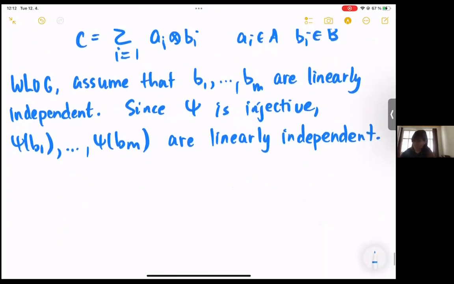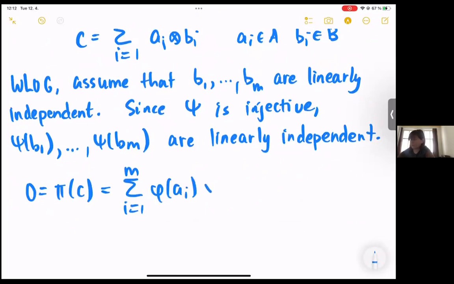And then we get that pi of c is 0. By definition, pi is just the sum of phi of a_i tensor psi of b_i.